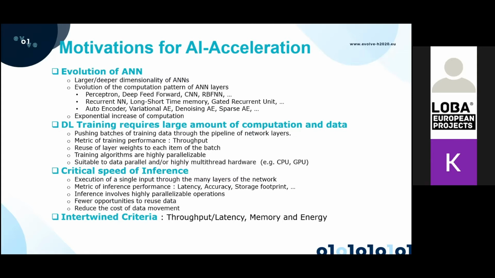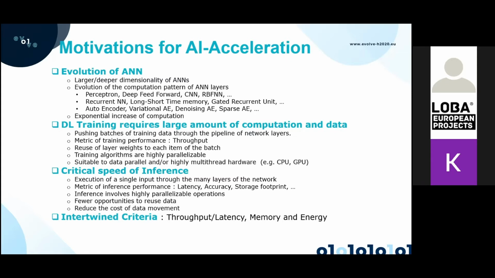Everybody understands that there have been a lot of evolutions in this kind of modeling in terms of size. That means that there are larger and deeper models of ANNs.